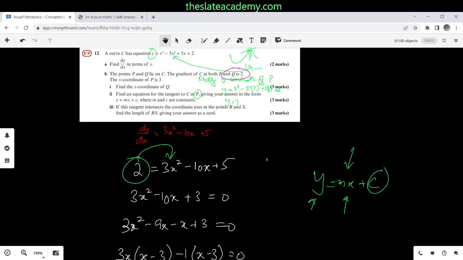So for this equation, m will have a value of 2. So y was minus 1, equal to 2 into x, which is 3, plus c. Y is equal to mx plus c. So I get minus 1 is equal to 6 plus c. So I get c is equal to minus 7.